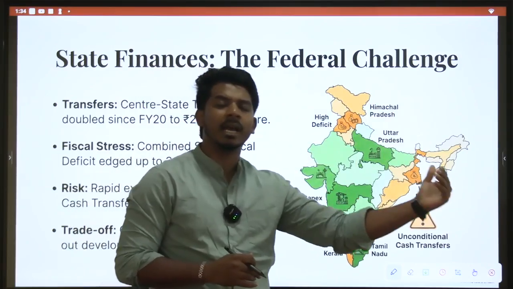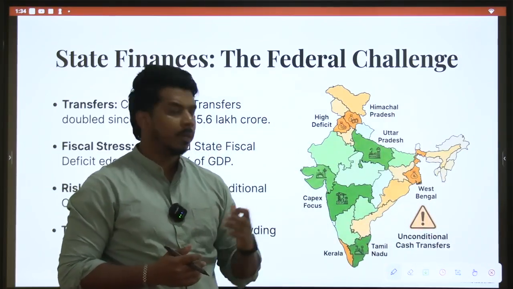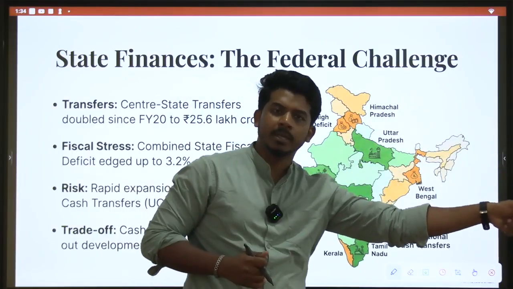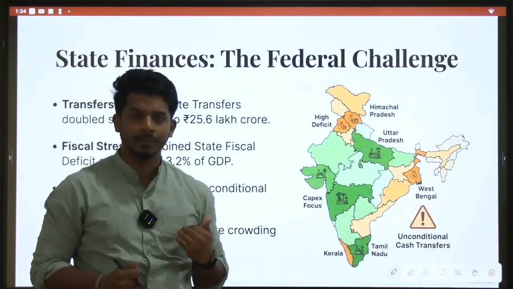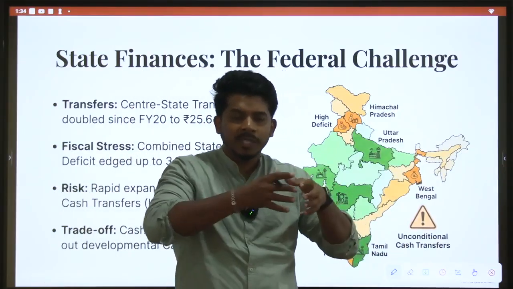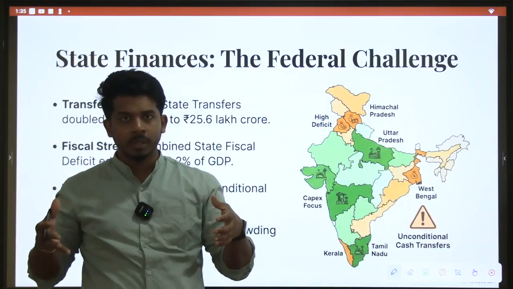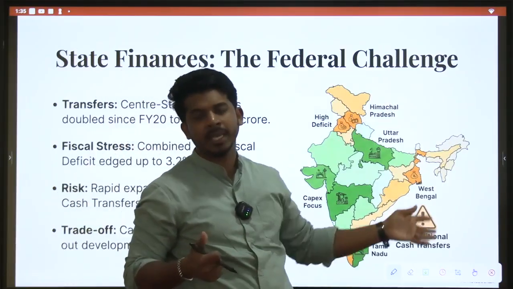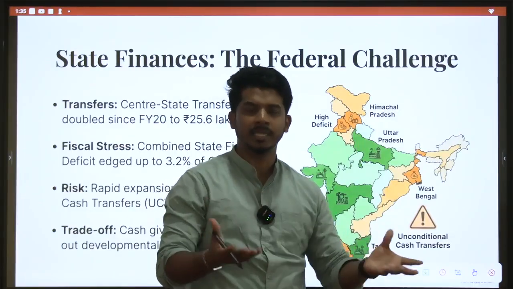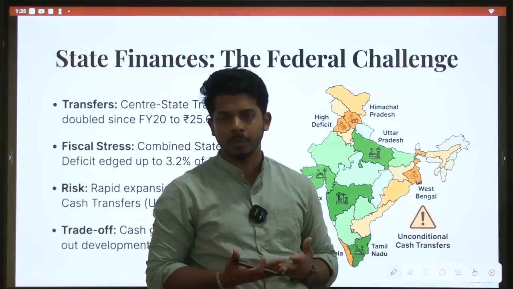Many states in India are moving in the reverse direction. Many states used to have a fiscal surplus, now they are coming to a fiscal deficit. Many states which already have a fiscal deficit, the amount is worsening. So they are showing fiscal indiscipline, not fiscal consolidation. They are losing control over their fiscal policy.